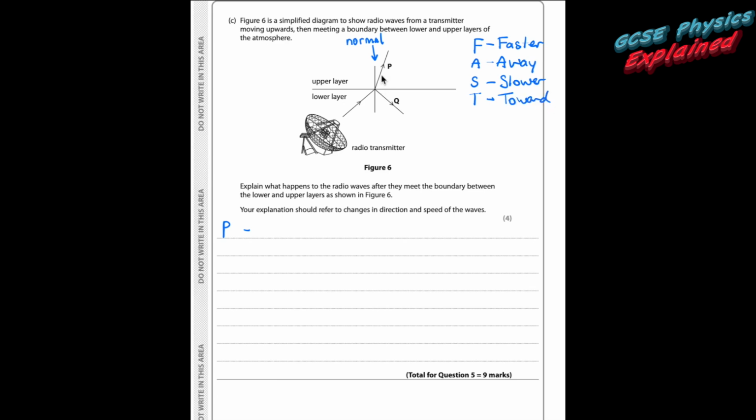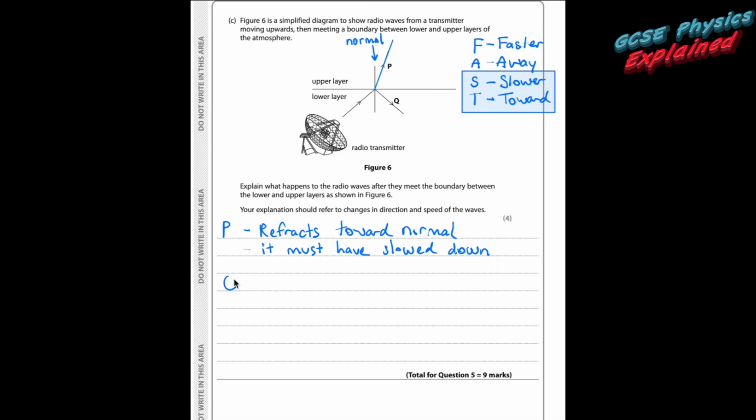Now in this case, P, instead of coming straight up and coming over here, it's actually moved toward the normal. So it must have got slower. It refracts toward the normal, so it must have slowed down.